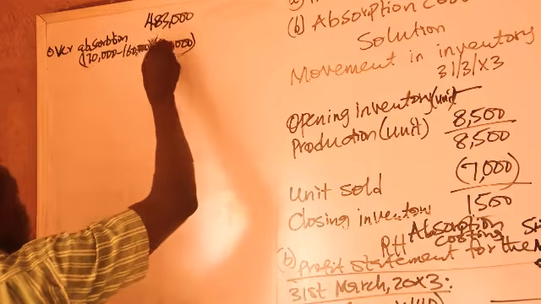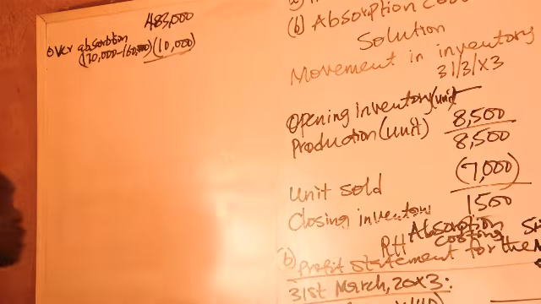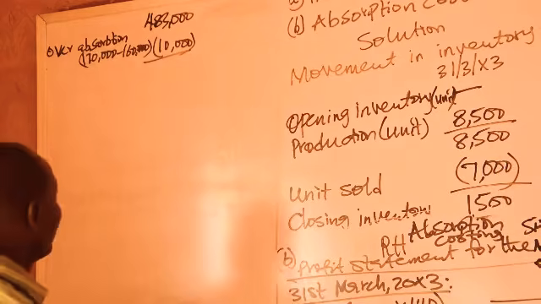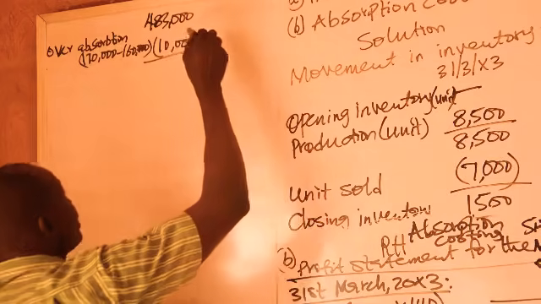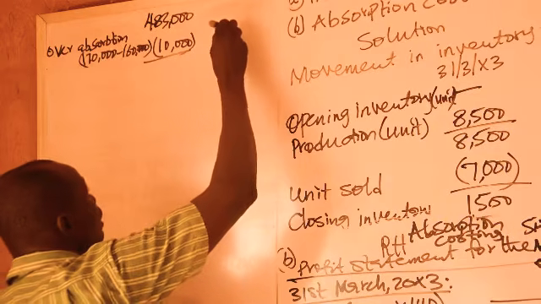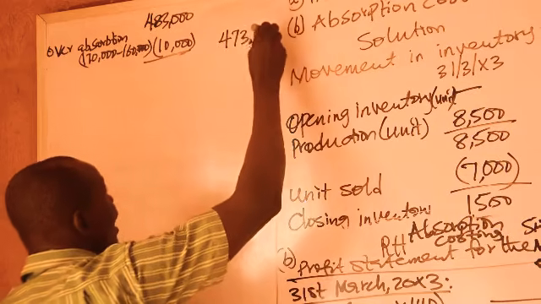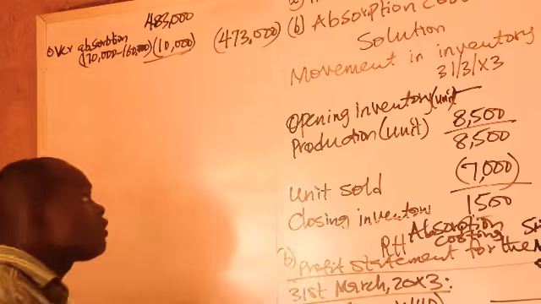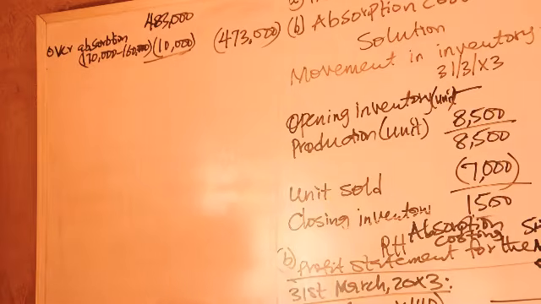I've told you that the amount of over-absorption should be subtracted. When you subtract 10,000 from 483,000, you have 473,000. That is our cost of sales.